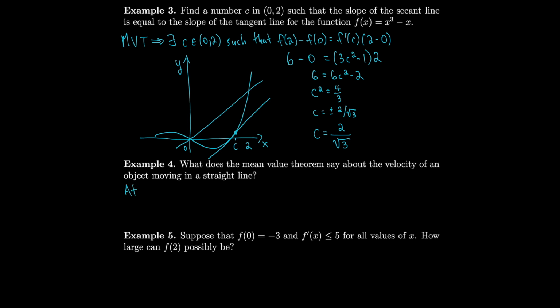So it says at some point, or how about at some time, the average velocity is equal to the instantaneous velocity.